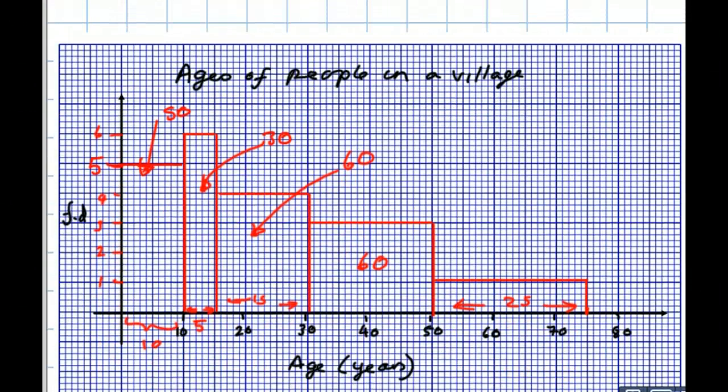Now, let's go to my histogram. So 75 to 80 has a width of 5, and the frequency I want to represent is 20. So 5 times 4 is 20. So it goes up to 4 on the frequency density scale on the vertical axis. And there we have it. And that's going to be most of the marks in these sort of questions.